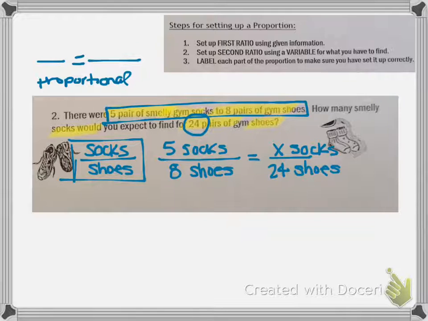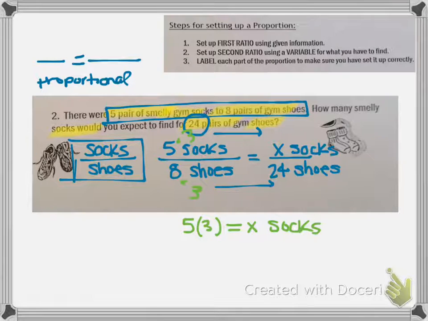Then I see how I get from one to the other. How does this flow? Well, I can say that 8 times 3 gives me 24 shoes. So what I do on the top, I have to do on the bottom. So then 5 times 3 is going to give me my socks. 15 socks is what equals X.